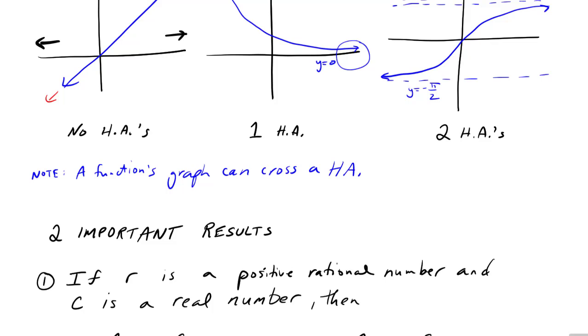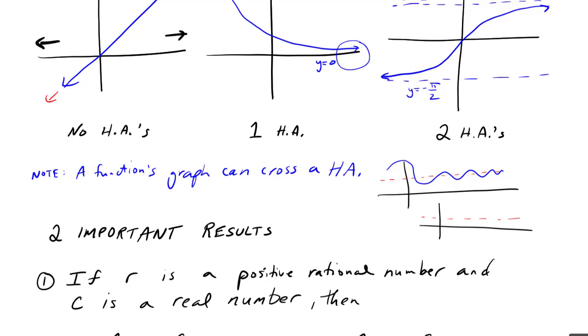It's not going to happen all the time, but you could have a function with a horizontal asymptote here, and the function keeps going above and below it and sort of hugs it and eventually approaches it, which would be crossing infinitely many times, or you might have something that crosses maybe once and then comes up and approaches the horizontal asymptote.